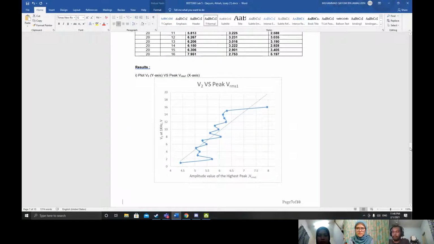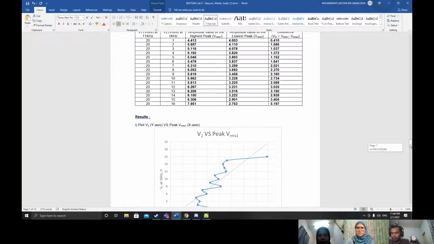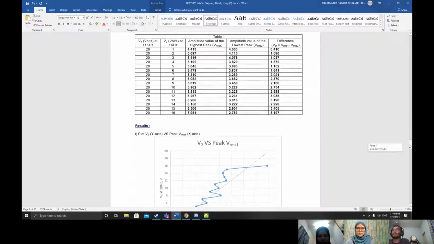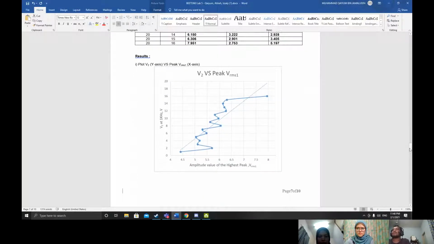We can observe from the plotted graph of V2 against peak VRMS1, that is the amplitude of the highest peak. As we increase the value of the voltage, the output highest peak is rising unstably.